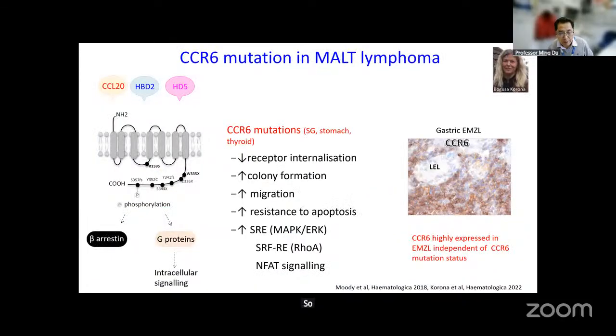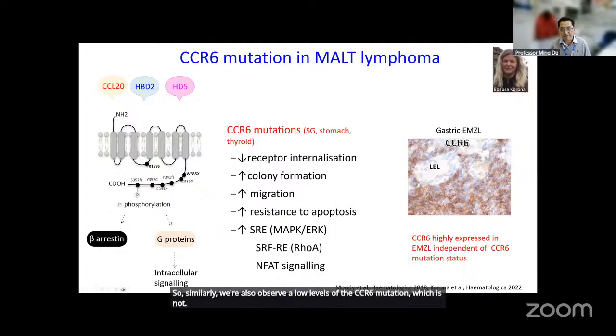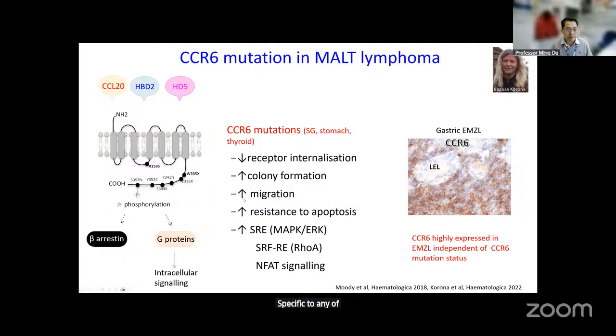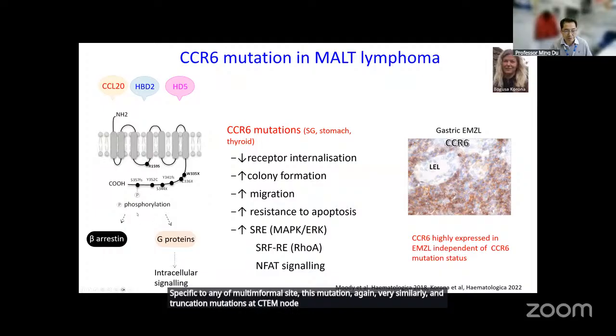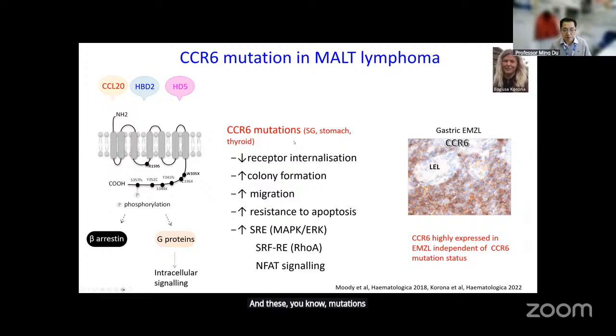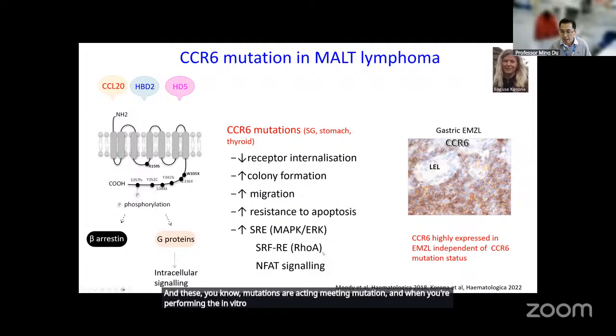Similarly, we also observe low levels of CCR6 mutation, which is not specific to any MALT lymphoma site. Again, very similarly, these are truncation mutations at the C-terminal that remove the C-terminal phosphorylation domain. These are activating mutations when you perform in vitro functional analysis.